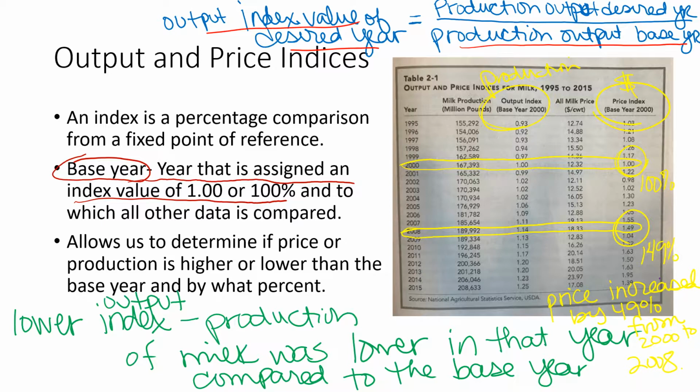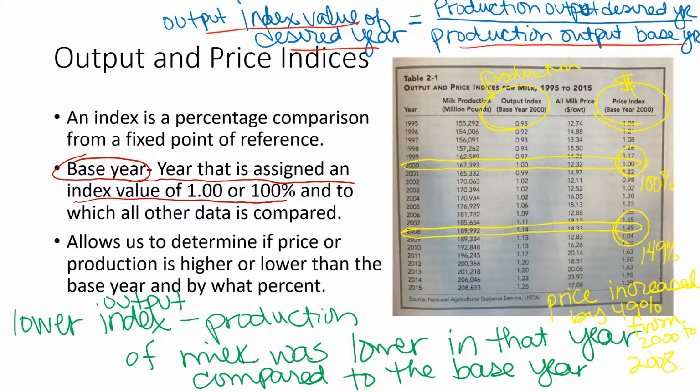Okay, so we can think of index values in terms of decimals or percents, but it helps me when I think about it in percents. It helps me understand it a little better.